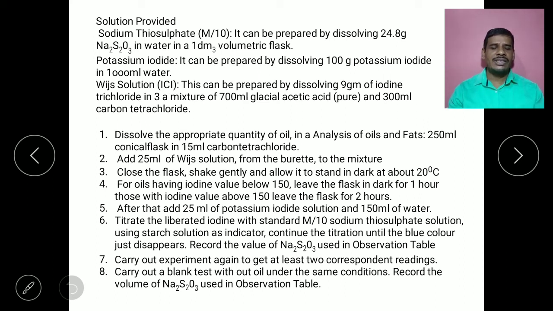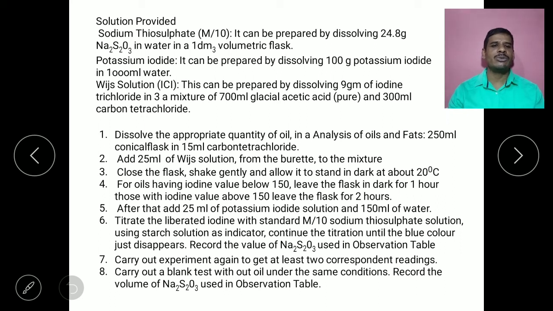At first a slight blue color appears as we titrate, then finally the blue color disappears. After that, we take down the burette reading and simultaneously carry out the blank titration. In this case the blank reading is very important.